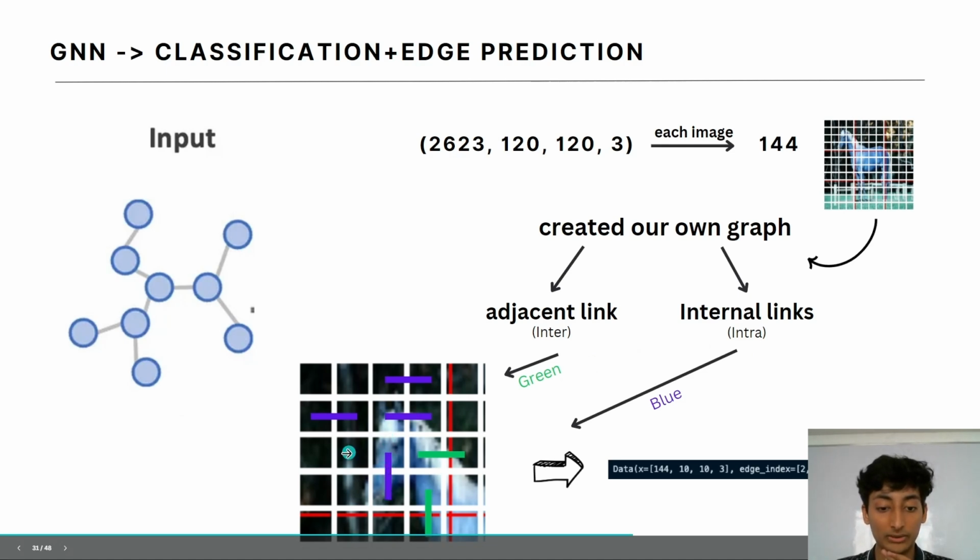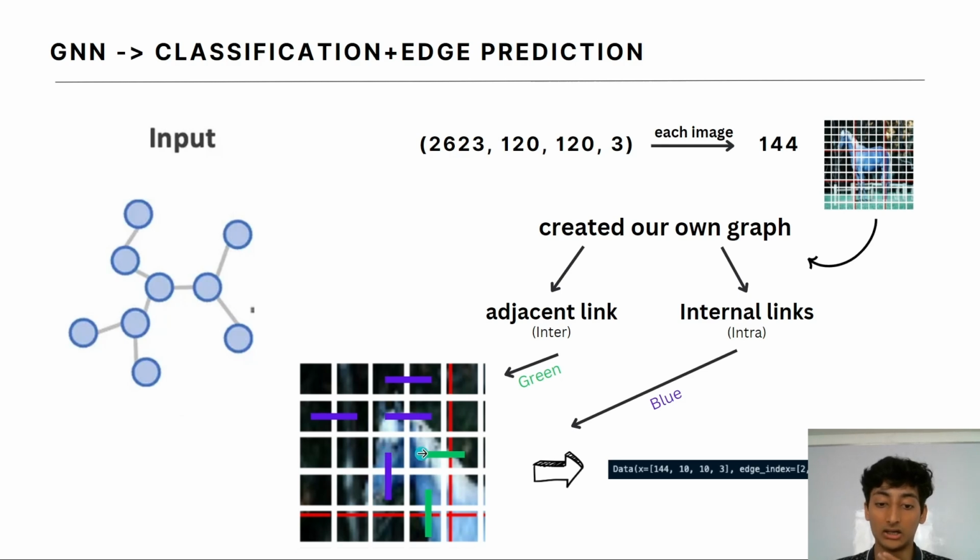These two within a single piece are the internal link, whereas if this particular piece is connected to an adjacent piece, that link is called an inter-piece link or an adjacent link. This is how it looks. You can watch it here and also absorb this particular slide.